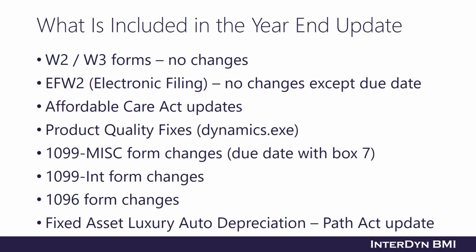As you would expect, there's a certain part of abuse in tax filing, and that's what the due date tightening up is designed for. There are some ACA updates included with the year-end update. Again, as that law changes, Microsoft takes responsibility for making those changes in the system for you.